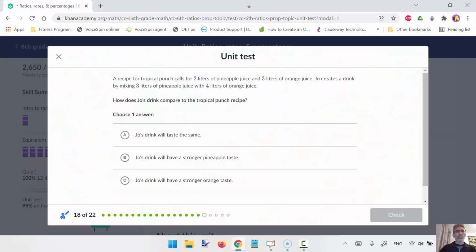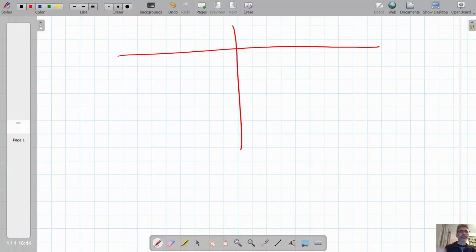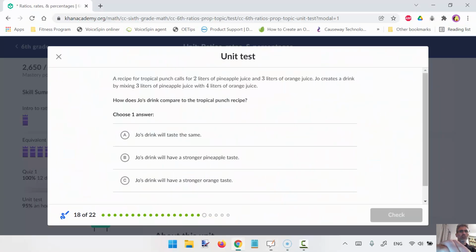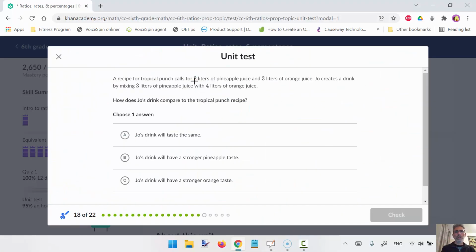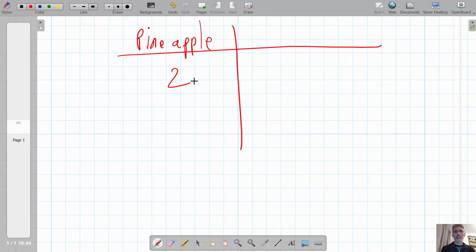Okay, a recipe for tropical punch calls for 2 liters of pineapple juice and 3 liters of orange juice, 2 to 3.